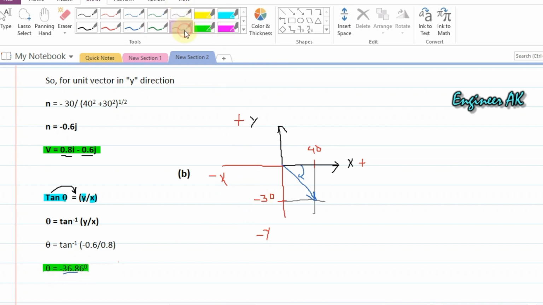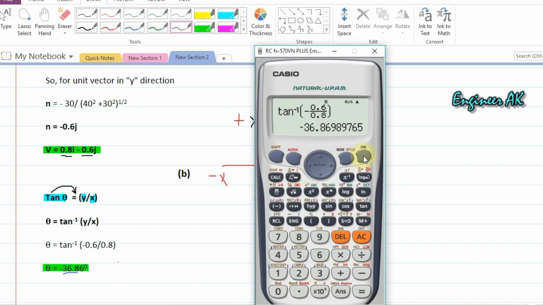To find it in the counterclockwise direction, I will subtract this from 360, so 360 minus 36.86, and here we go. I get 323.14.